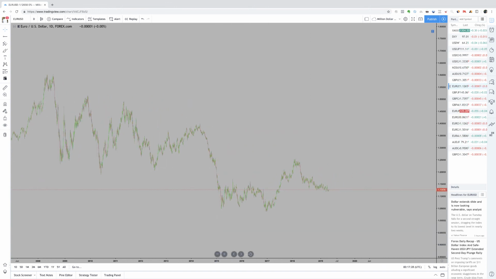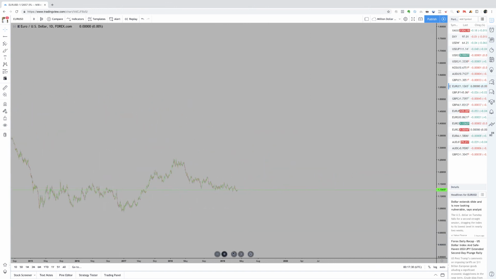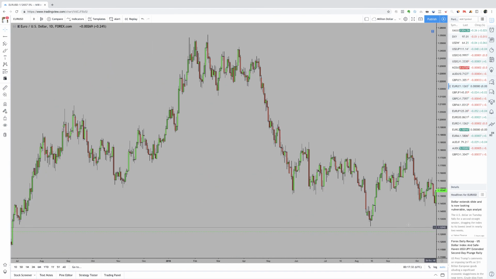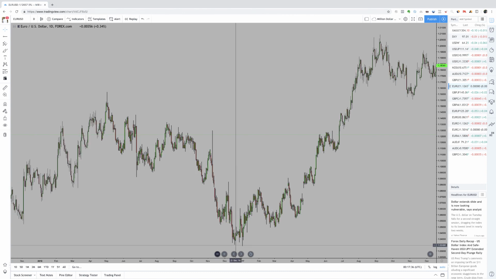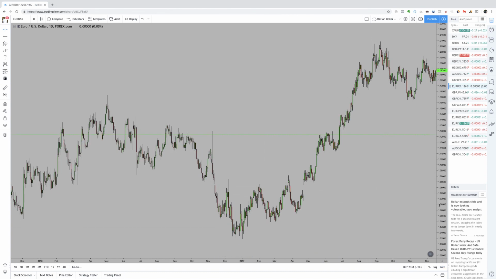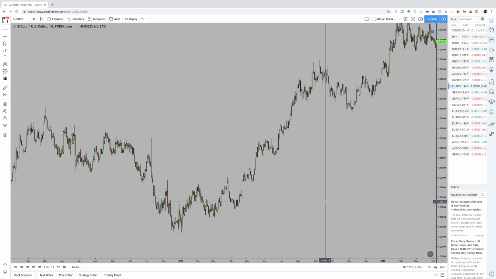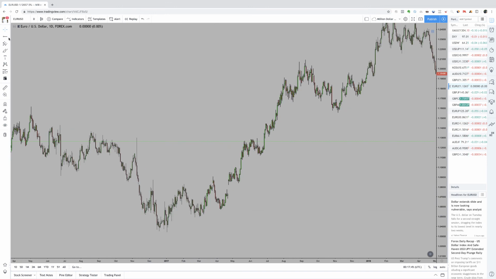We was right here. Let me zoom in just a little bit. There we go. Zoom out so that I can accurately show it. So just to kind of show you all what it was in the bullish trend that we looked at previously.